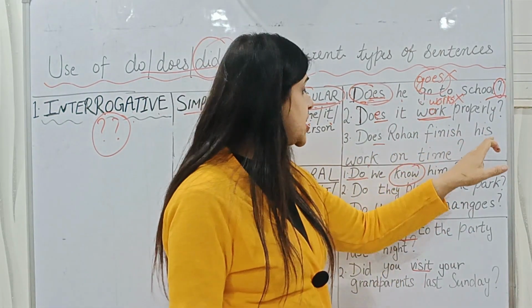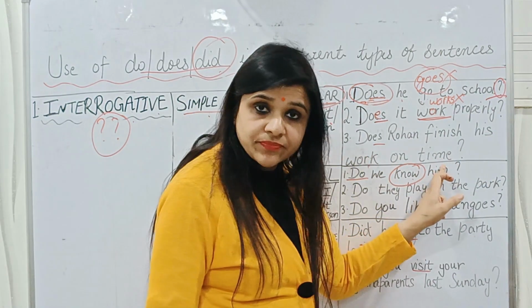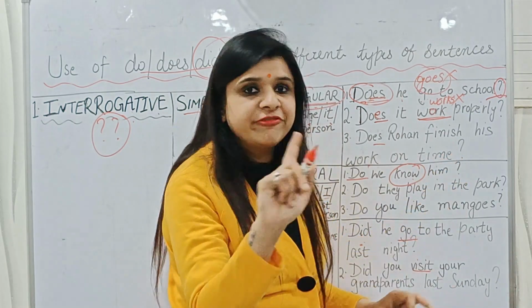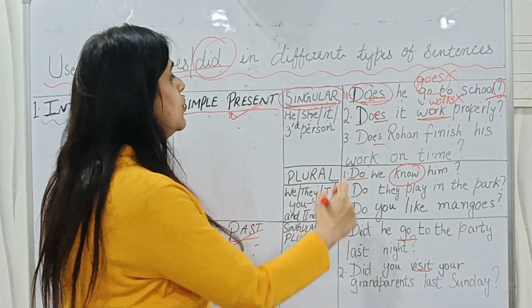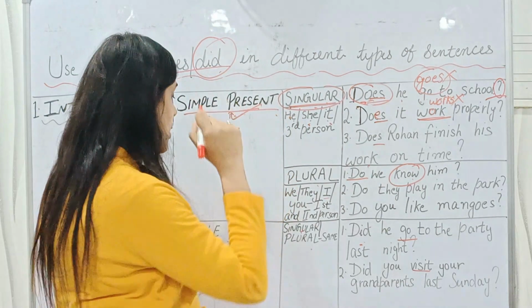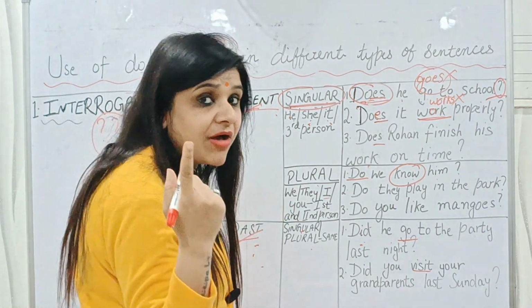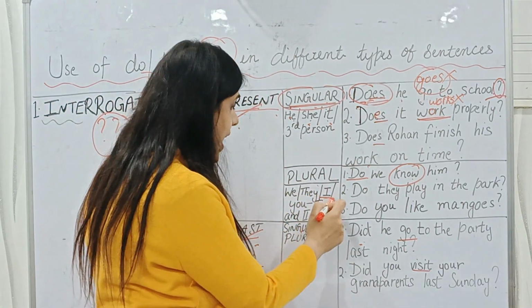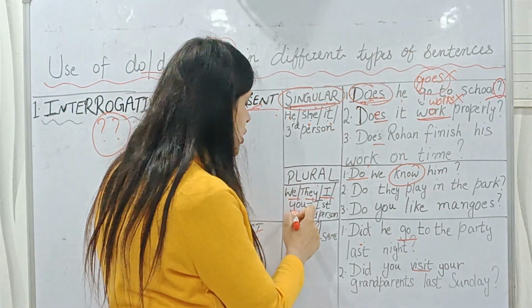Does Rohan finish his work on time? Does Rohan, and the verb is finish, not finishes. So this is how we use does with singular. Now what if we have a plural noun or a pronoun in the sentence like I, they, we, you.